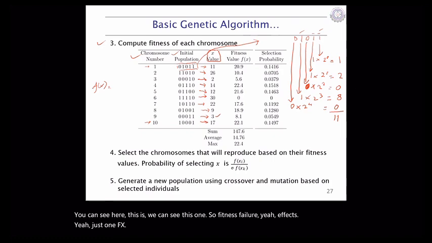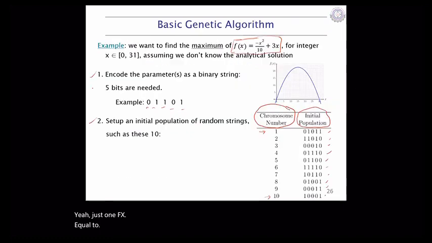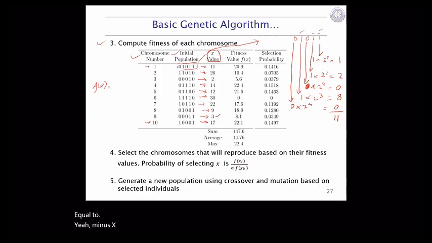equal to minus x power 2 over 10 plus 3x. Right? So this is the fitness value here.